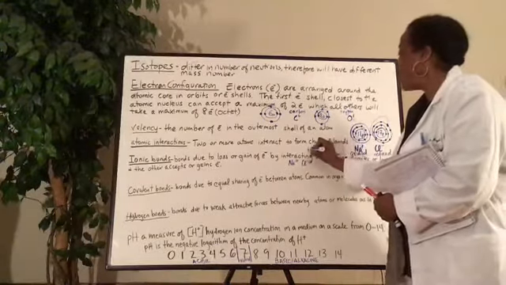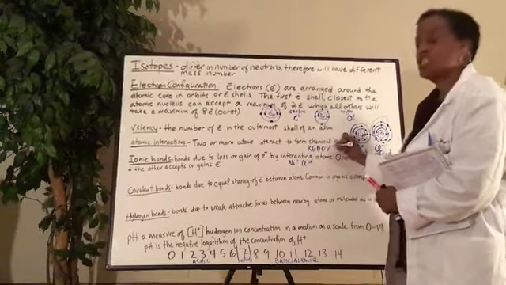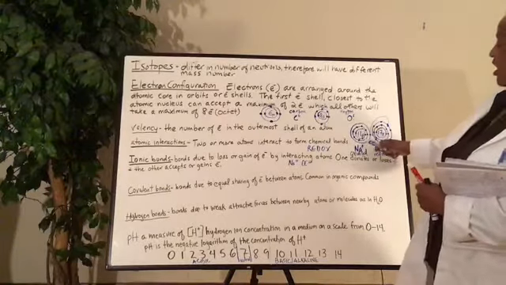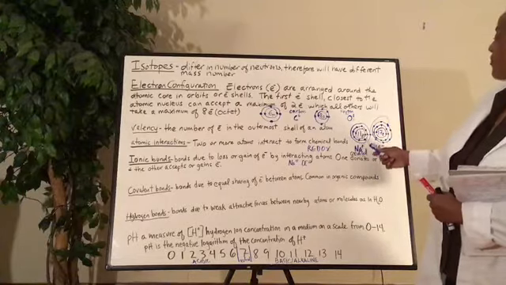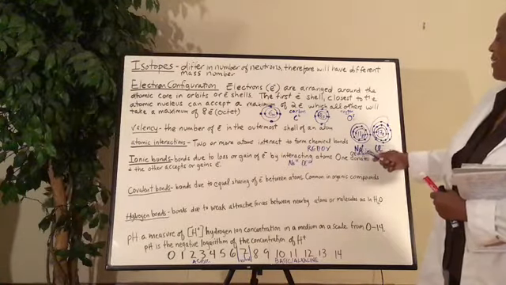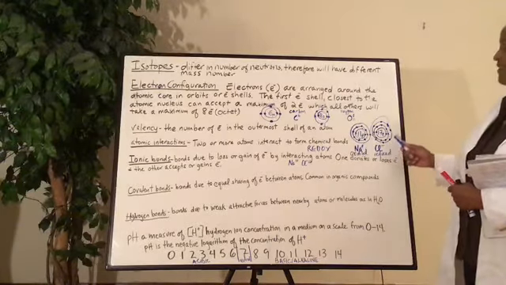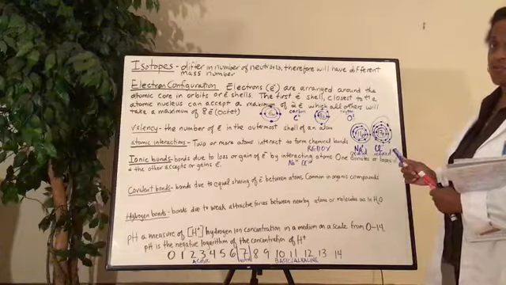This is called a redox reaction. Oxidation reduction reaction. The loss of an electron makes the element more positive, and that's oxidized. The gain of an electron makes the element more negative, and that is going to be reduced.